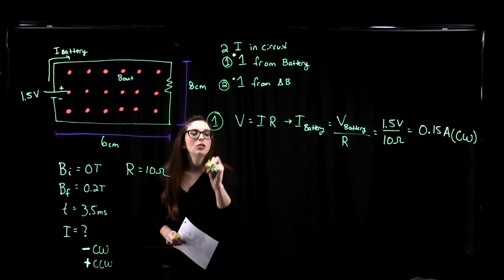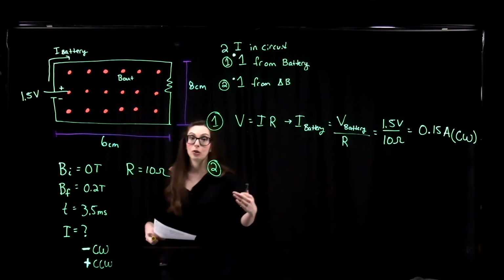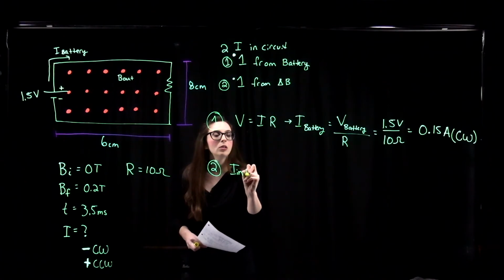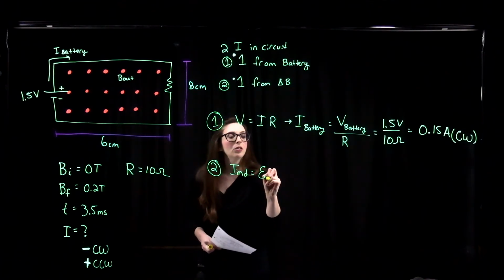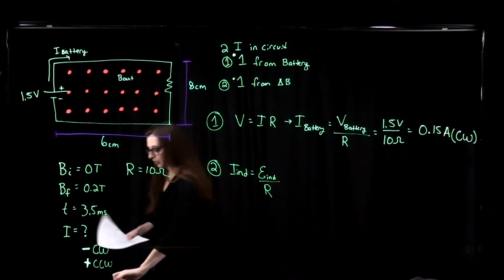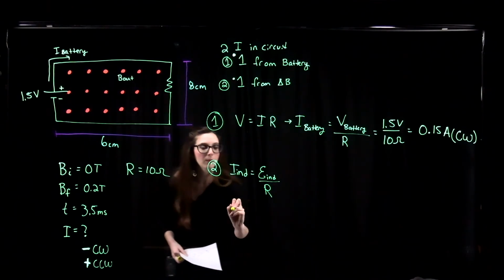Now, for our induced current, we have to apply our induced EMF. So our induced current will equal our induced EMF divided by the resistance of our circuit. So we have to figure out what this induced EMF is.